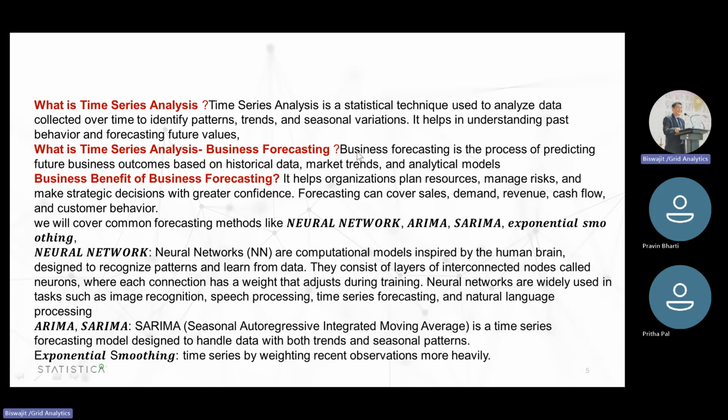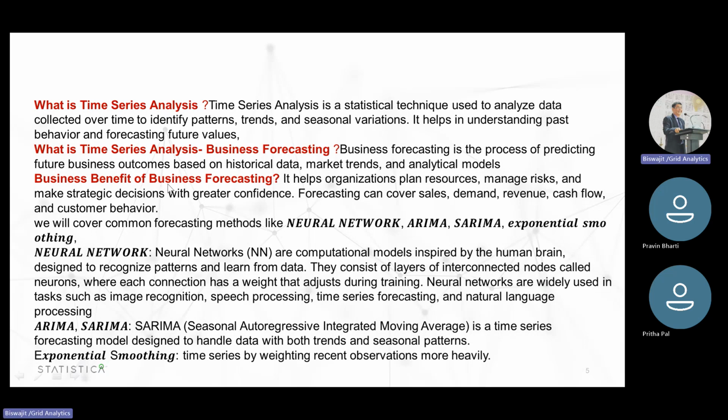Business forecasting is the process of predicting future business outcomes based on historical data. Here in this case, we have the monthly historical data of 12 years, 144 observations.